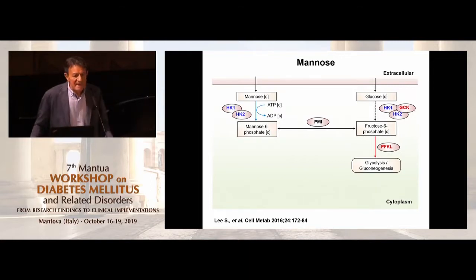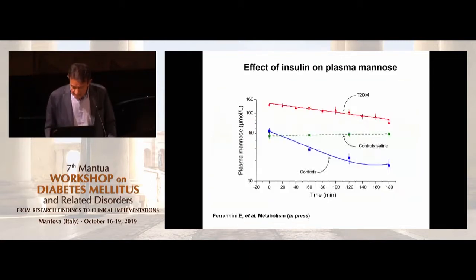And this was not terribly interesting until we measured directly, and this is IMPRESS, the concentration. We had to set up a method which is quite difficult because of the low concentrations.